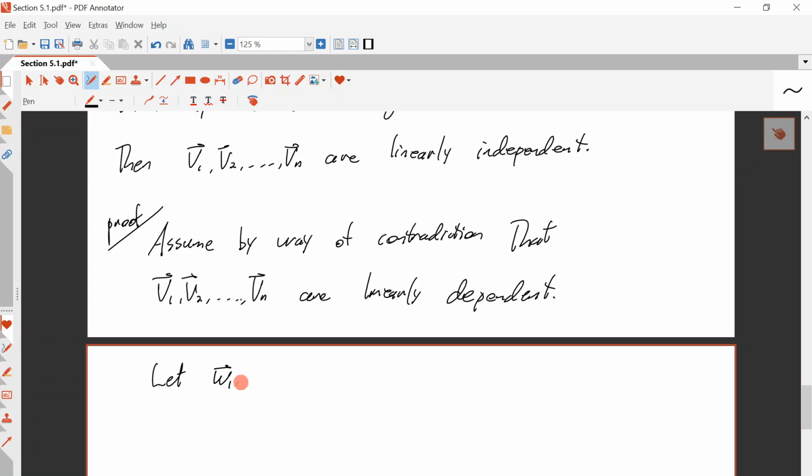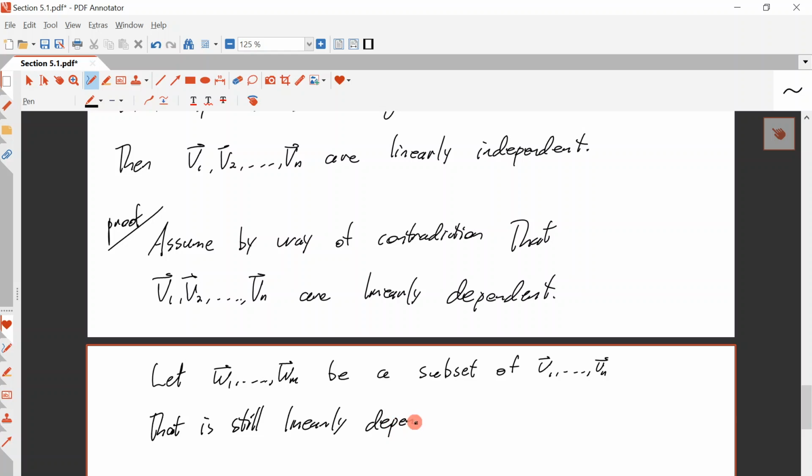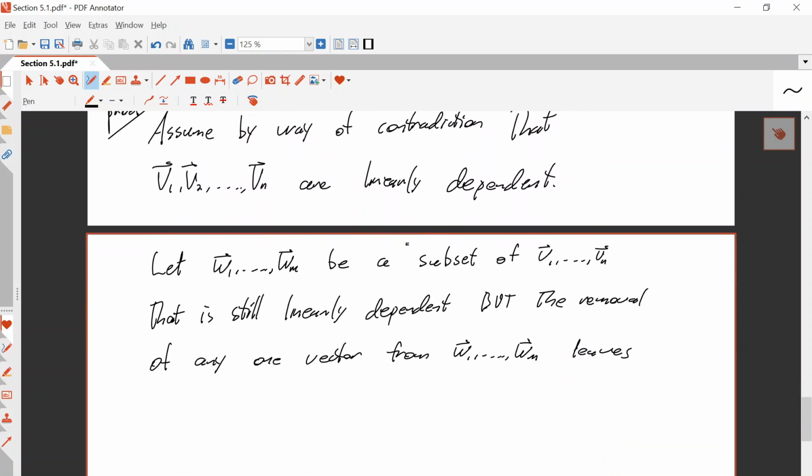Let W1 to Wm be a subset of V1 to Vn that is still linearly dependent, but the removal of any one vector from W1 to Wm leaves an independent subset.